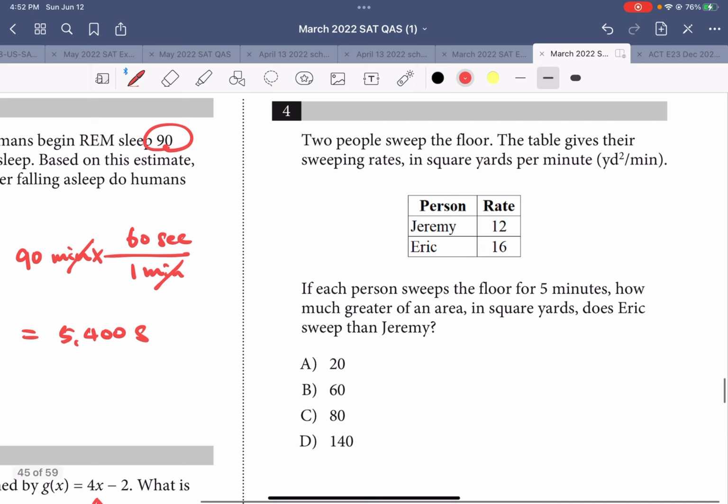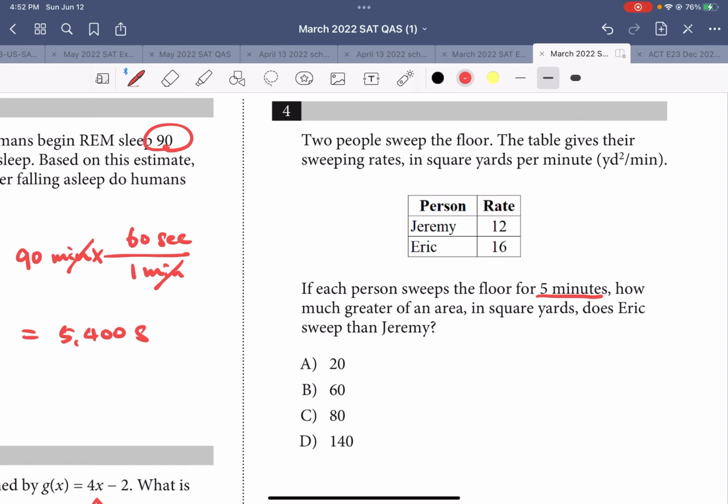Number 4, two people sweep the floor. The table gives their sweeping rate in square yards per minute. If each person sweeps the floor for 5 minutes, how much greater an area in square yards does Eric sweep than Jeremy? So you can first find their rate difference.